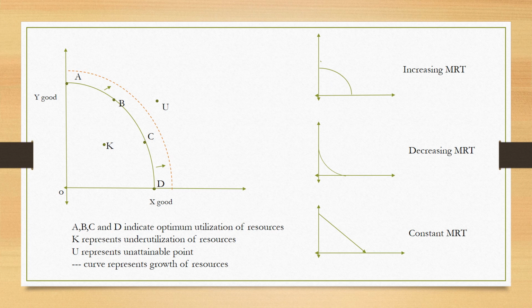But the production possibility curve can be convex to the origin when there is decreasing marginal rate of transformation. The production possibility curve can be a straight line due to constant marginal rate of transformation.